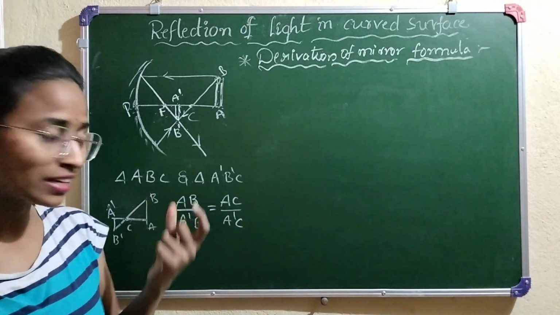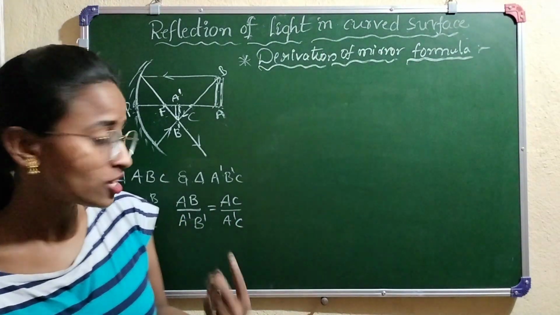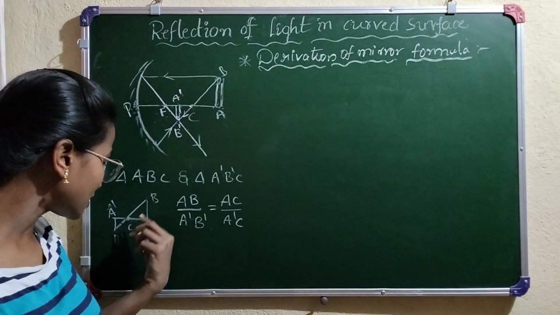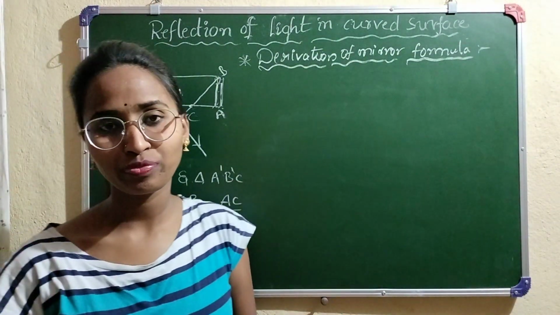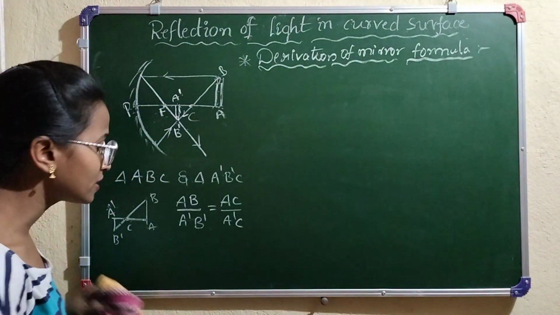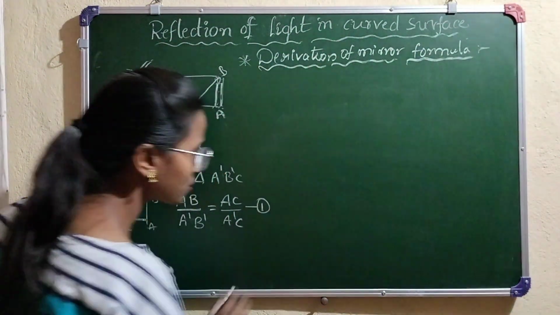If you take any two alternate triangles, the ratio between the adjacent and opposite lengths is constant. I am taking this as equation 1.